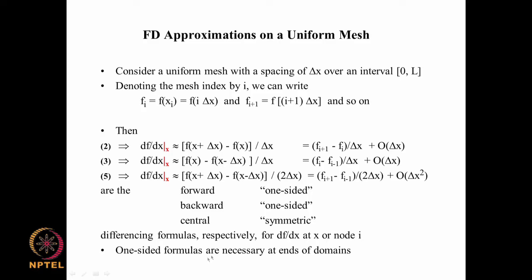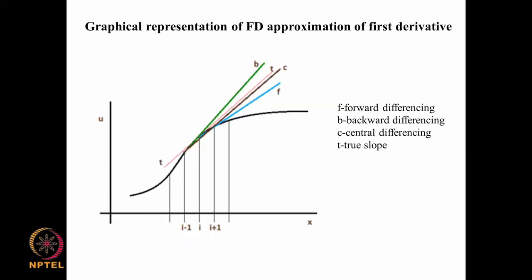Okay. So one-sided formulas are necessary at the ends of the domain, and we can look at these derivatives that we have, forward, backward, central, in a graphical way by looking at this function. In this case it is u here varying with x as per this particular curve.